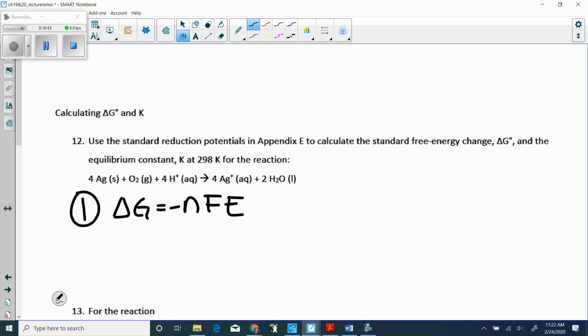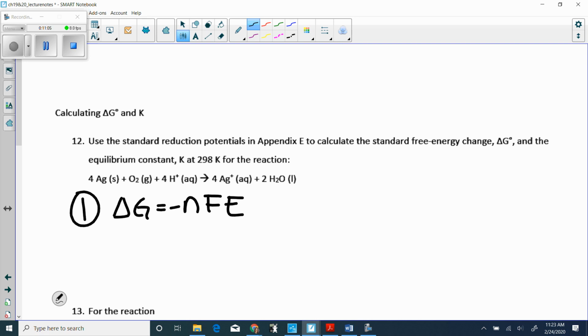I'm also going to look at this and say, okay, this is a +1 charge. That means it lost 1 electron, and I had to do it 4 times to get it to cancel. So I'm pretty sure it's 4. If I really wanted to check, I would look at the appendix. So look at silver, the very, very first one, Ag, alphabetical order.